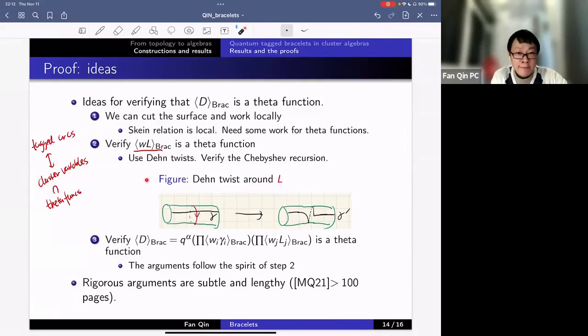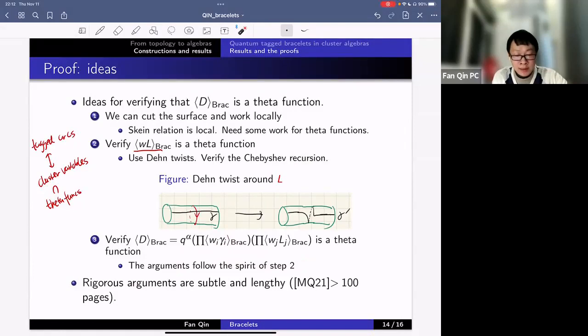And assume that you can verify step 2, which requires lots of work. Then you can verify step 3, that if you take a union of loops and arcs which do not intersect, now you are confident that this should be a theta function. And the argument is not trivial, but you have to follow the same spirit as step 2, and you try to adapt the Chebyshev recursion verification, but the arguments are similar.